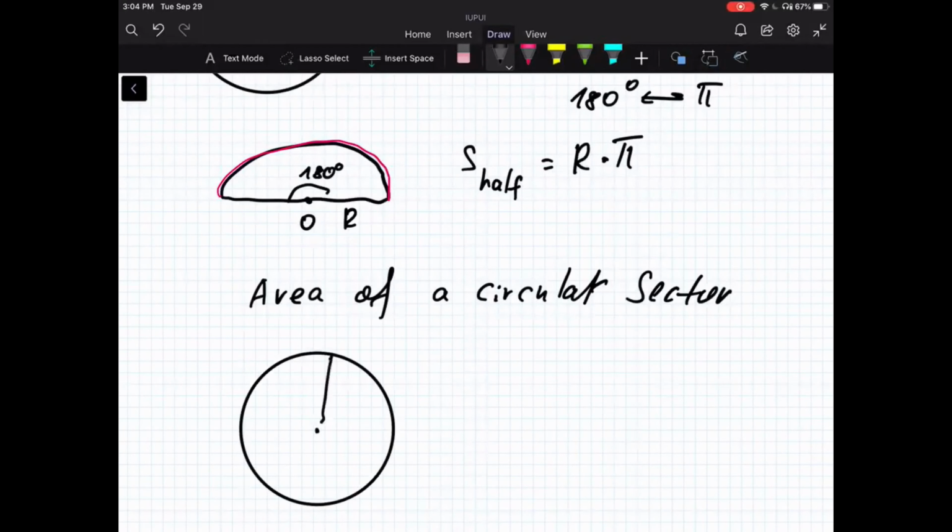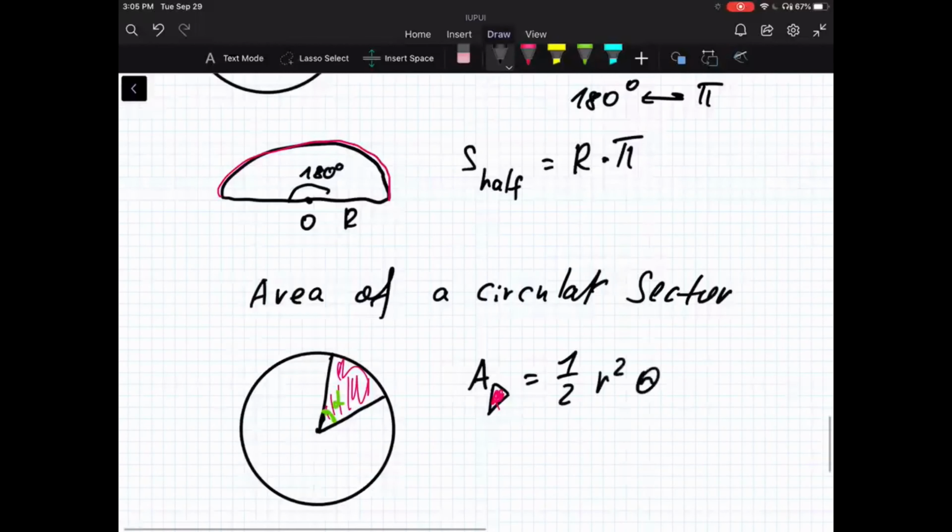You can calculate the area of the sector. Suppose this angle is alpha. Area of the circular sector will be 1/2 r squared times theta.